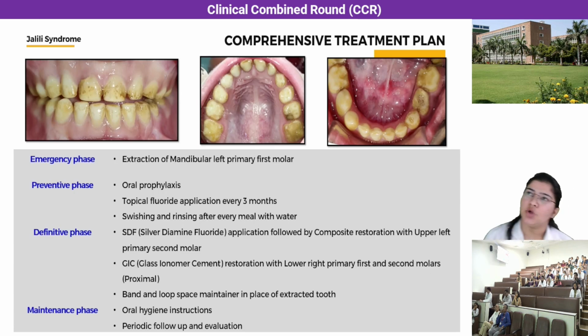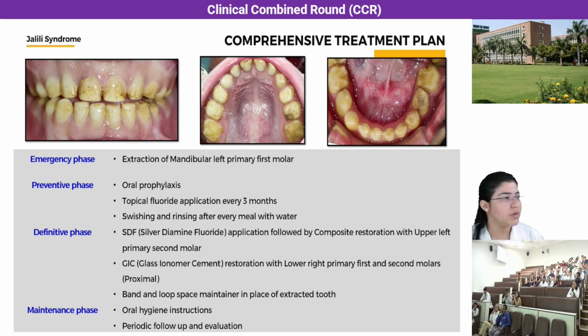For dental management, a comprehensive treatment plan was formulated. In the emergency phase, extraction of the first primary molar was done, as this was the offending tooth. As per preventive protocol, oral prophylaxis and topical fluoride application were done, and swishing and rinsing after every meal was advised. As a definitive phase, restorations of various carious teeth were done.